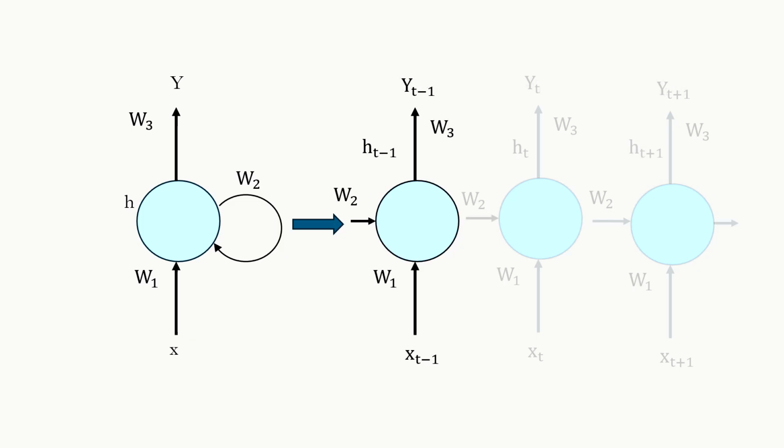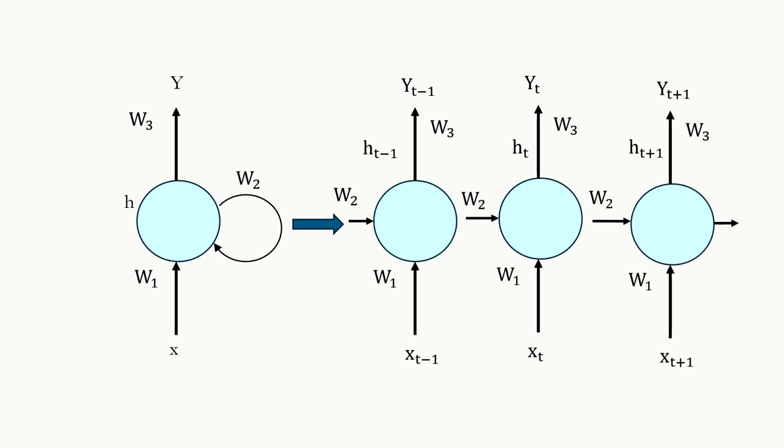And basically we could see that the weights are being carried forward, right? So RNNs use the same weights, W1, W2, and W3 at every time step. This weight sharing combined with the hidden state, H, that passes information forward is what gives RNNs memory, right?